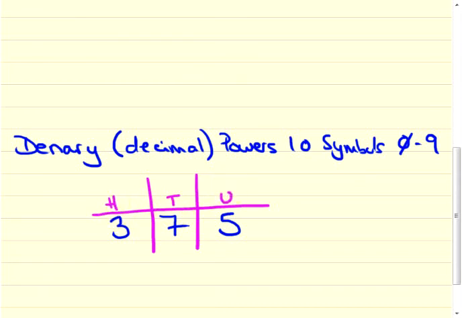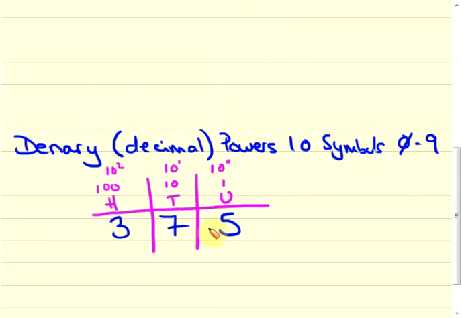Therefore, this column here is worth 1, this column is worth 10, and this column is worth 100. And practically what you've actually got here is this column is 10 to the power 0, which is 1. This is 10 to the power 1, which is 10. And this is 10 to the power 2, 10 times 10, which is 100.